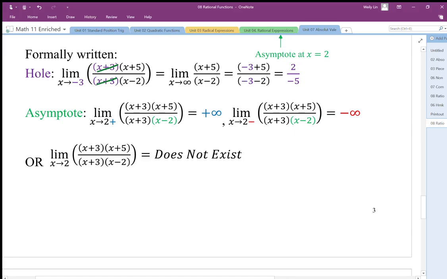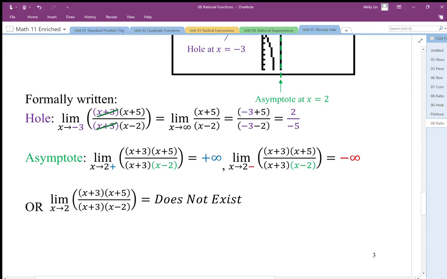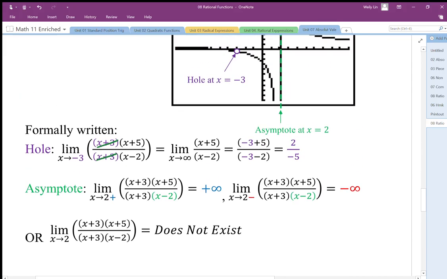So if we want to know the y value of that hole, we can simplify algebraically, get rid of the divide by 0, plug in the -3, and that gives us the y coordinate of that hole. So in this case here, the hole would be at x equals -3. The y coordinate would actually be -2/5, or -0.4. So that's where that y position of that hole is.